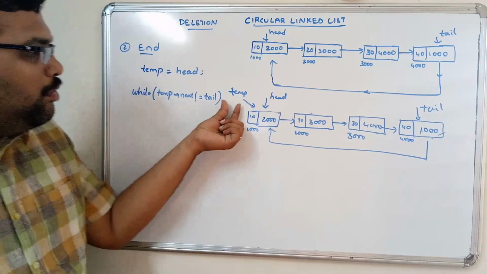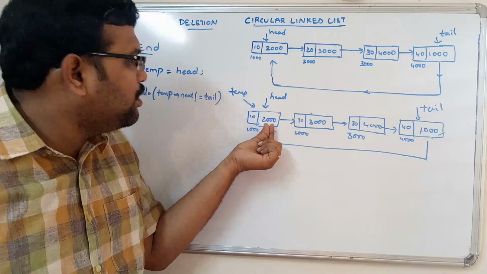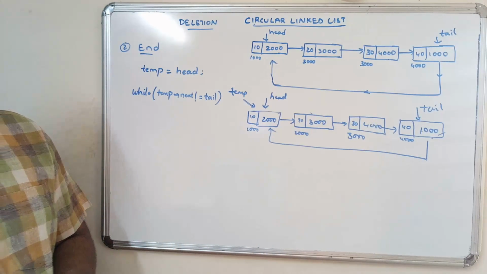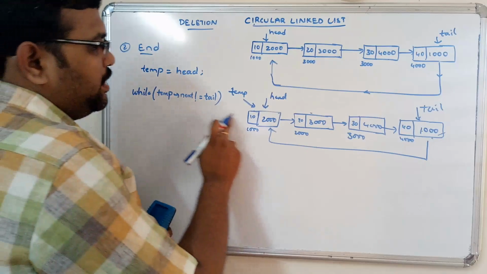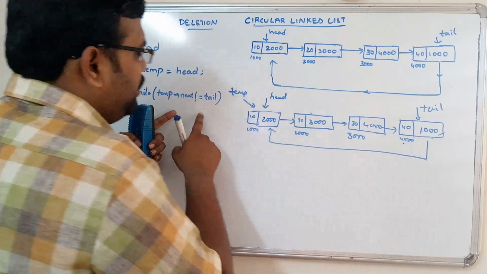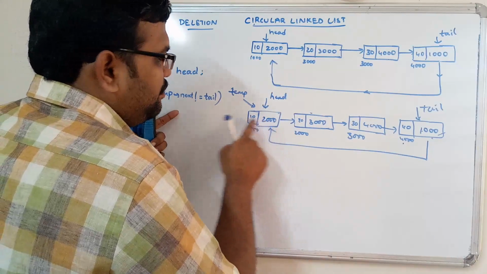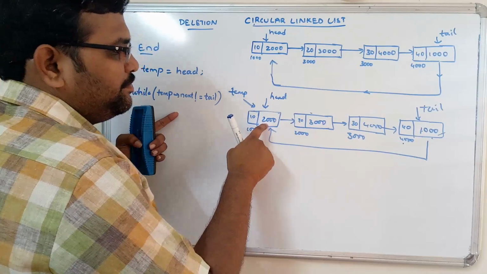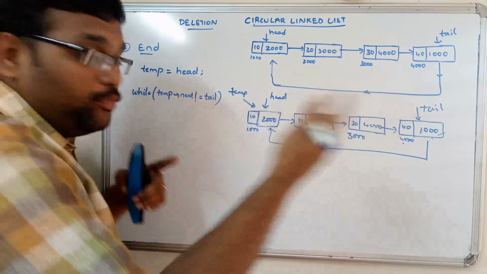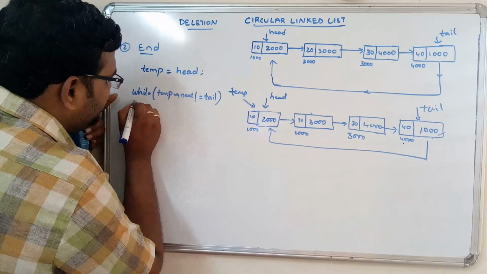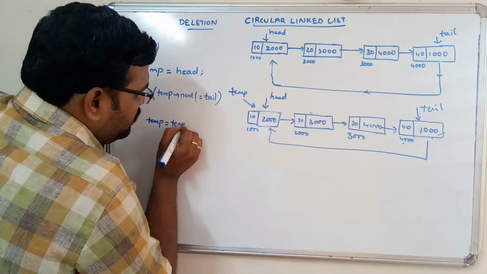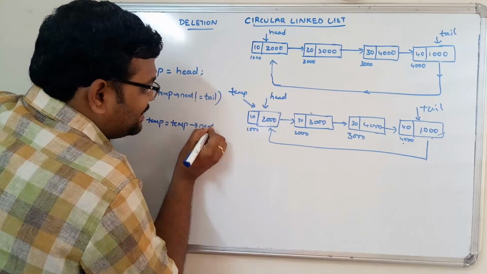It will move until temp of next is equal to tail. So tail is 4000. Temp of next means 2000, right? So every iteration we have to move the temp. Moving the temp means simply temp is equal to temp of next, right?